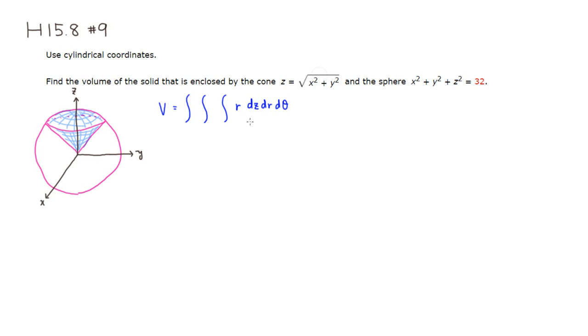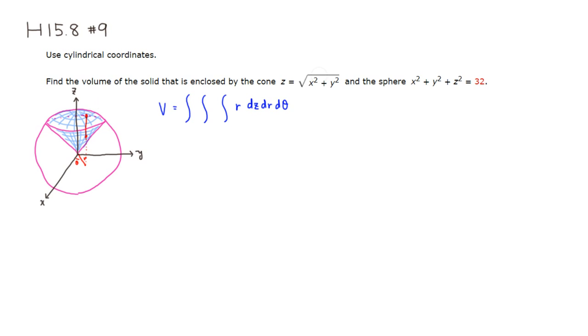Let's say I'm going to fix r and theta. And you can see that if you fix r and theta, z is going to start from the point on the cone all the way to the point where the sphere is.